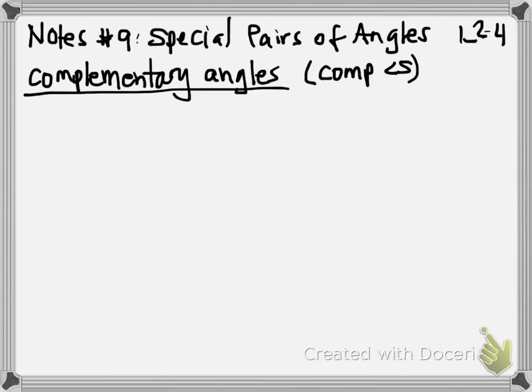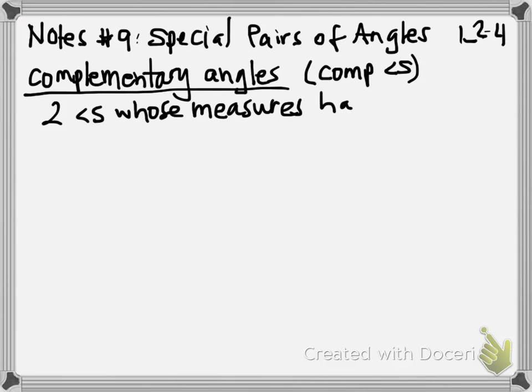This is two angles whose measures have the sum 90 degrees. Okay, so anytime I add up two angles, they equal exactly 90 degrees. They're said to be complementary angles. Now, each angle that forms this pair is called a complement.